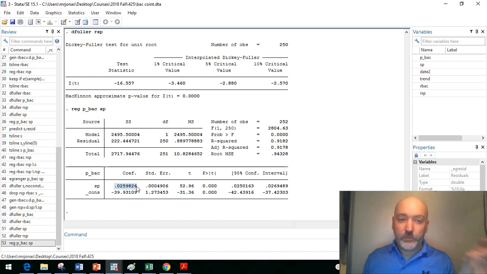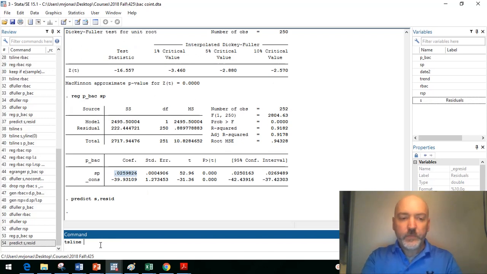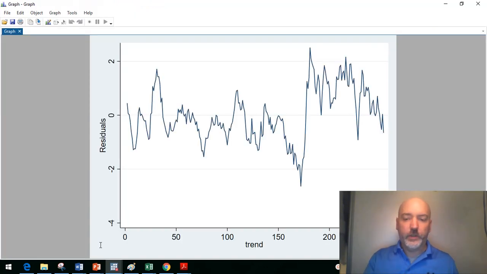That's what gives us the linear combination. Playing the role of that linear combination are the residuals from this regression. So we'll use our post-estimation command, predict, a new variable, call it S, that's going to be these residuals. Now let's take a look at what we just did here.